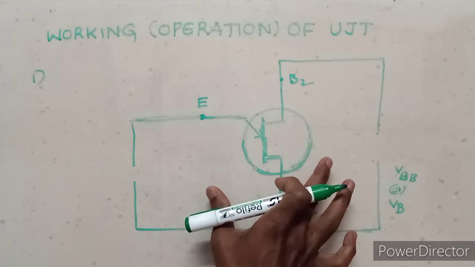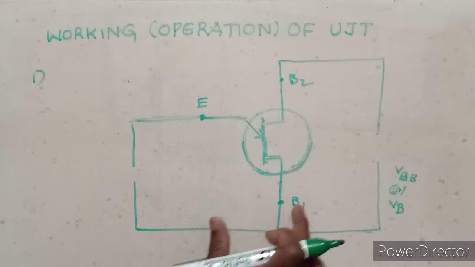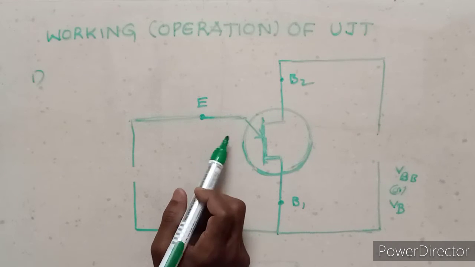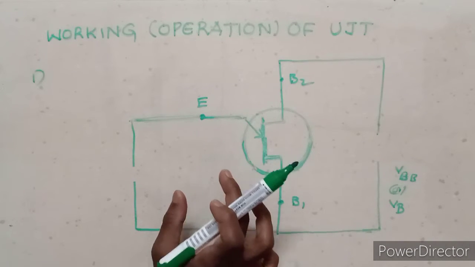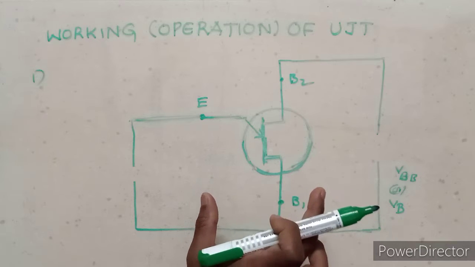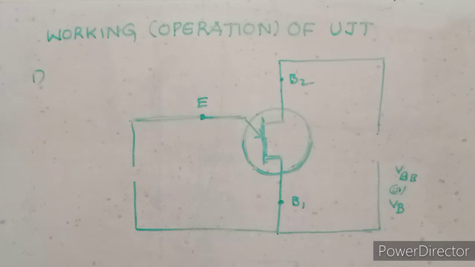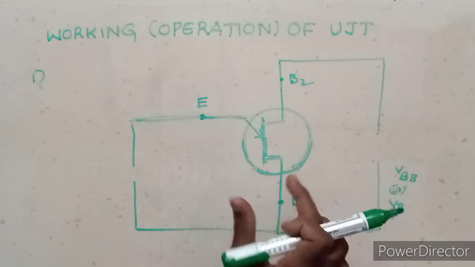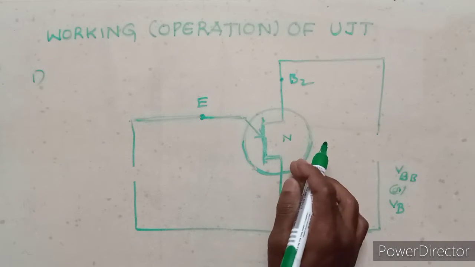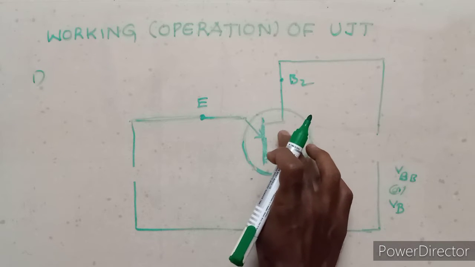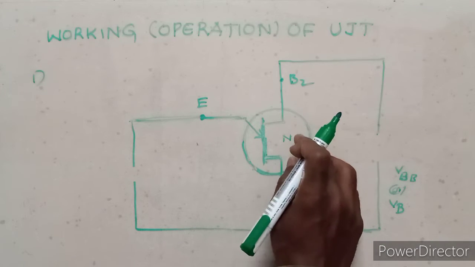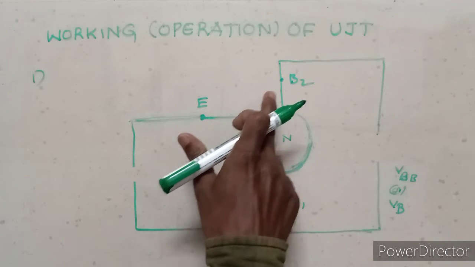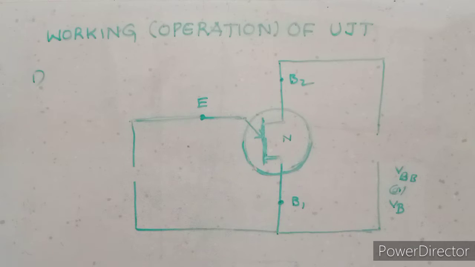Then the voltage drop is established because the emitter is open. The voltage drop is established along the N type bar, since the emitter is closer to B2.